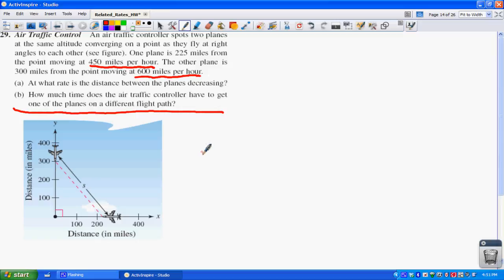How much time do you think, at this point in time when the plane is 300 and when it's 225 miles, how much time does it have? Well, it's related to the distance between the two planes.